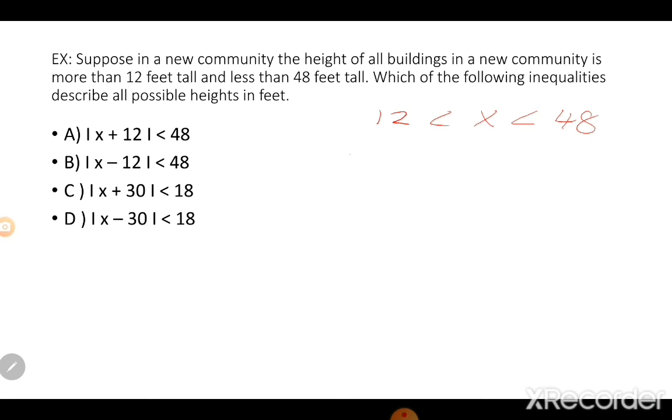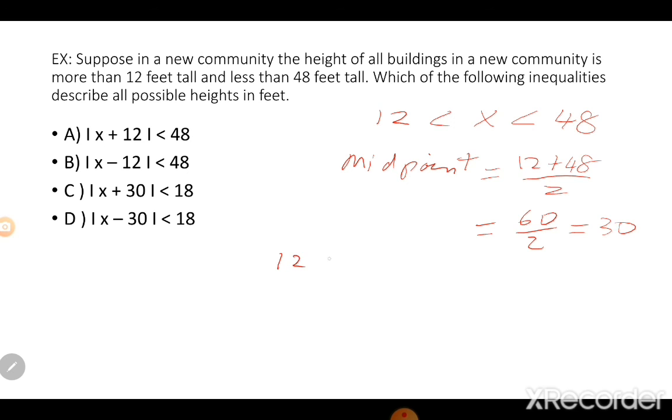So the midpoint would be to add 12 plus 48 and divide that by 2. So 12 plus 48 is 60, divide that by 2. So that gives us 30. So 30 is our midpoint. Now, the distance from the midpoint to the end, in other words, say from 12 to 30, right? That distance from 12 to 30 is 18. And that distance from 48 to 30, that is also 18.